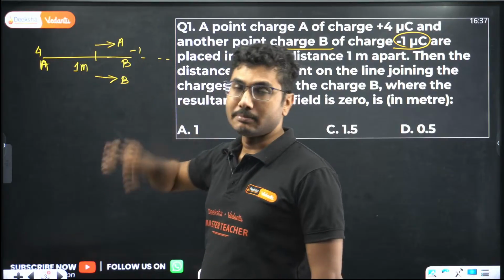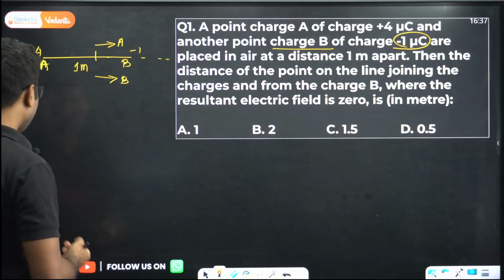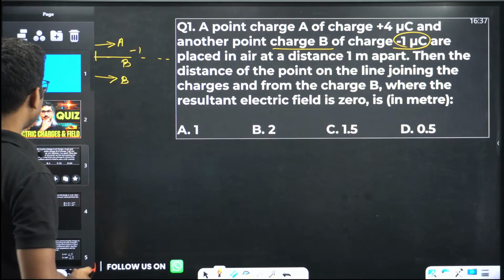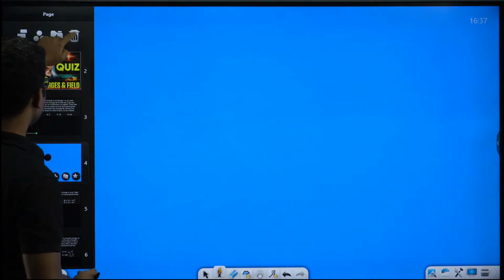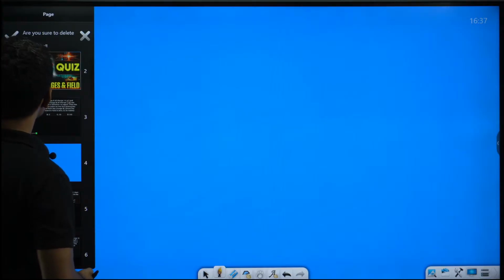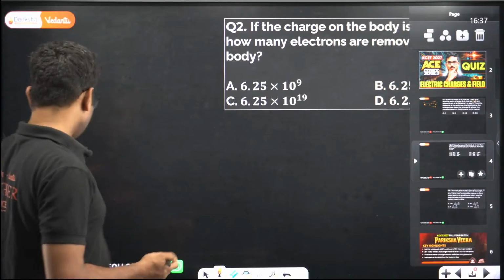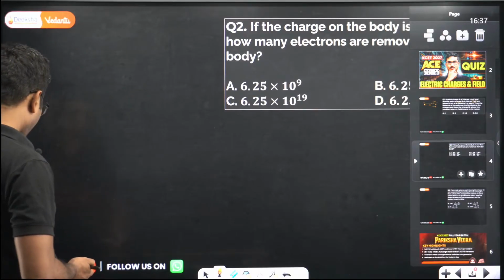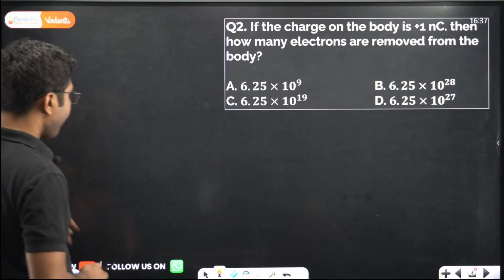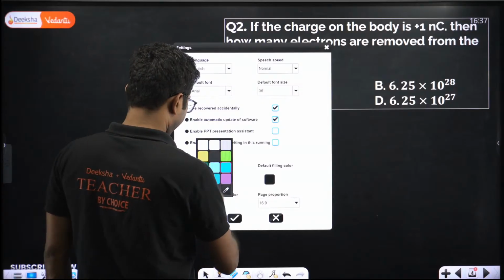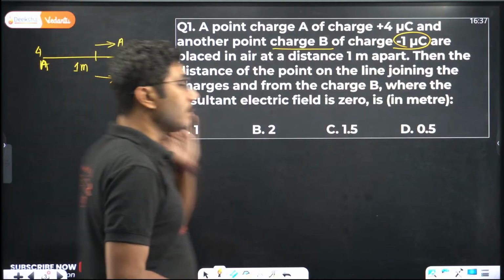If the charge signs are opposite, one positive and one negative, you will not be able to get a null point between the charges.